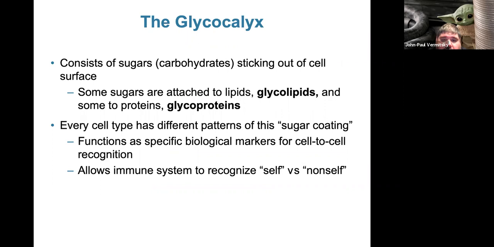Some sugars are attached to lipids, glycolipids, and some to proteins, which are glycoproteins. Every cell type has a different pattern of the sugar coating. This functions as specific biological markers for cell-to-cell recognition and allows the immune system to recognize self versus non-self.